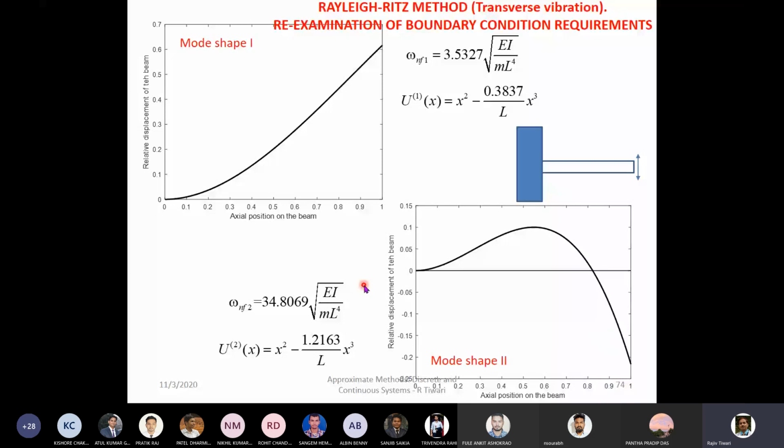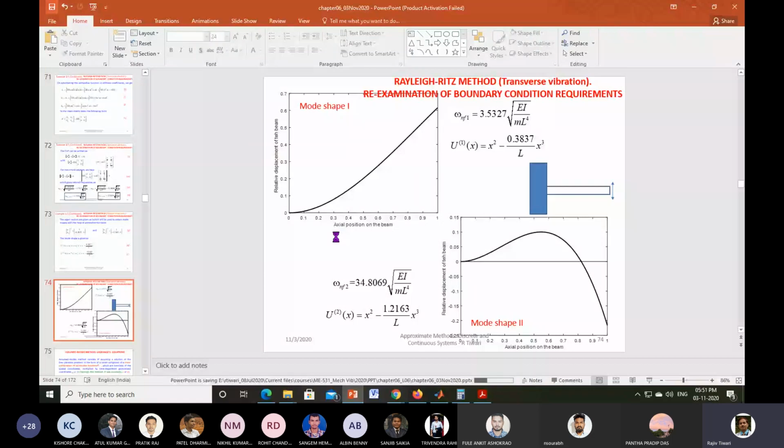So in this example, I hope the Rayleigh-Ritz method, with the re-examination of the boundary condition requirement, and how the admissible function can be helpful in solving a more complex system, is illustrated here.